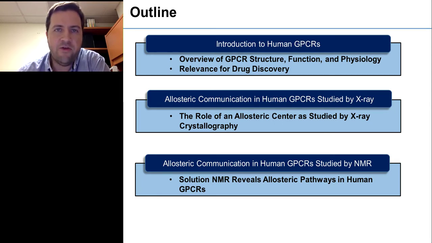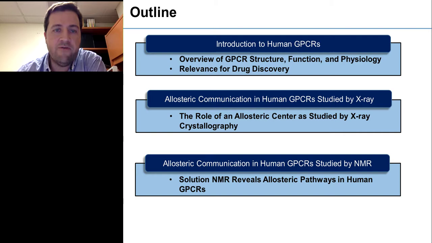The second and third topics belong under the same umbrella, and that is integrative structural biology techniques to study GPCR structure and function. In the first of these two, we'll be talking about allosteric communication in human GPCRs studied by X-ray crystallography, and specifically the role of an allosteric center as studied by X-ray crystallography.